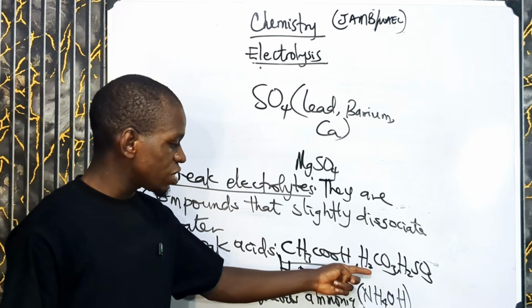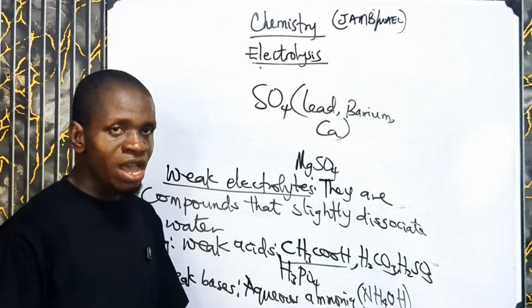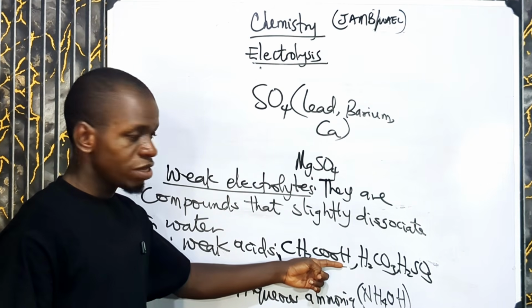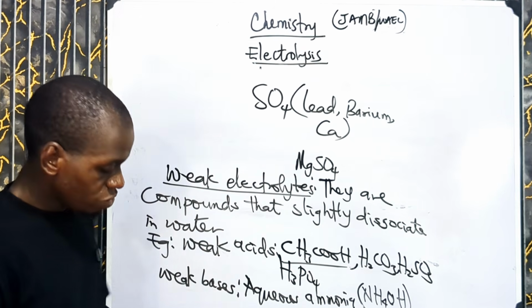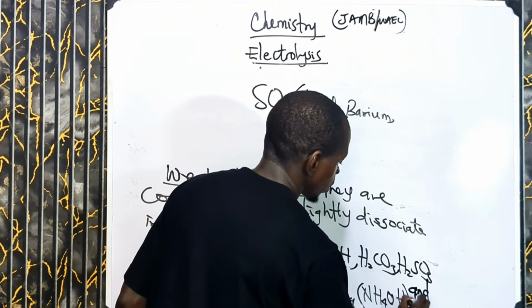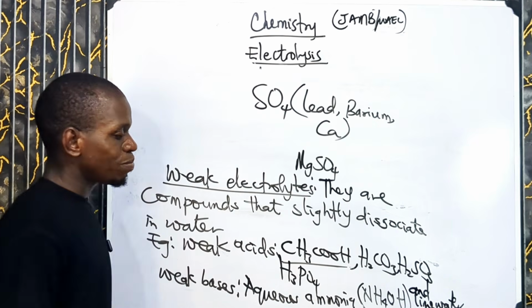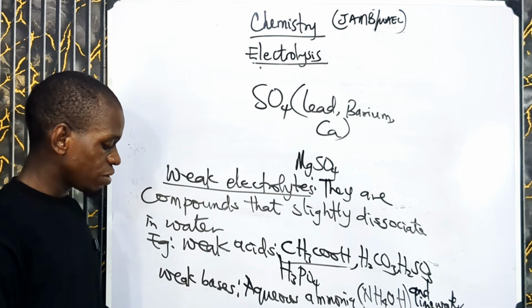But if you see hydrogen starting, it's going to be an acid. Basically, this is the way they are, except for a few exceptions, something like ethanoic acid. So I've given an example. Then another one is lime water. Lime water is also an example of the weak bases.